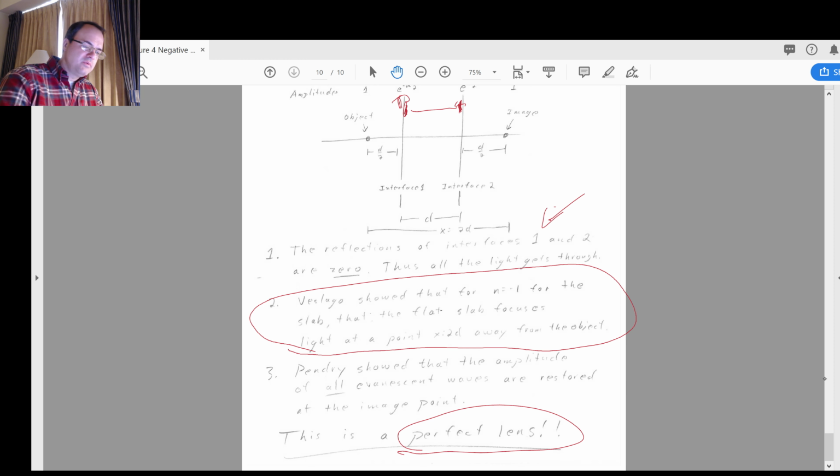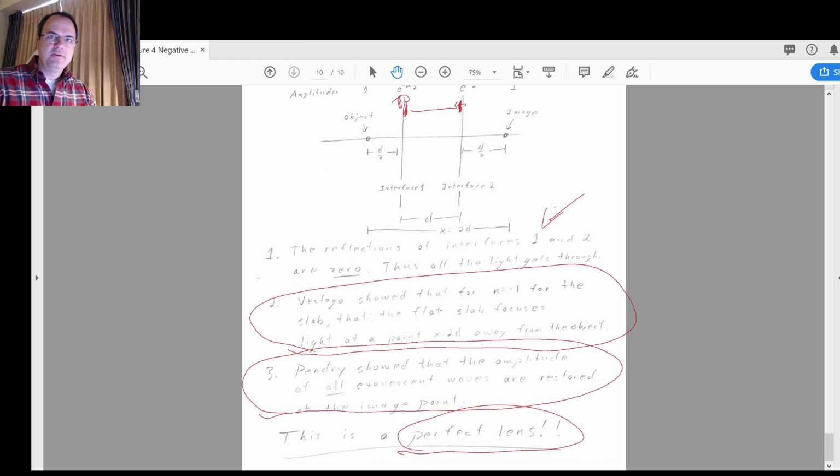But Pendry went the rest of the way and said not only that, but you get all of the field components, propagating and evanescent, all of them, down to this image point. Okay. So that was quite an achievement, and that set this sort of field afire.